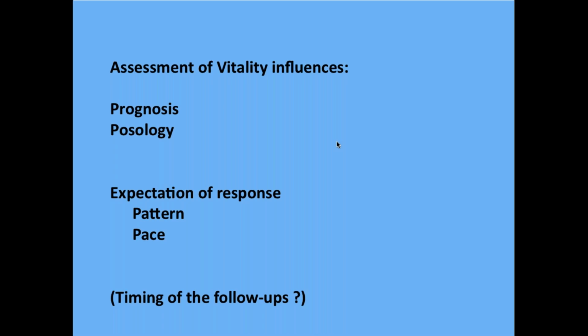We can never talk about what an individual is going to do, because we've never treated that individual before, but we can make some assessments based on other individuals that we've treated over time about how levels of vitality tend to respond. We can talk about that expectation of response, the pattern of response, the pace of the response. Are these the individuals that we're going to have to kind of seduce to come out and play?